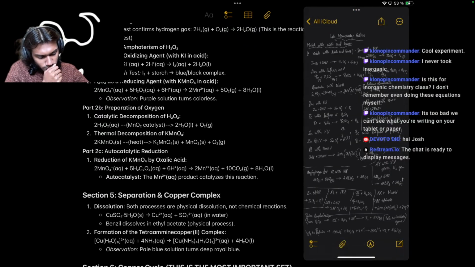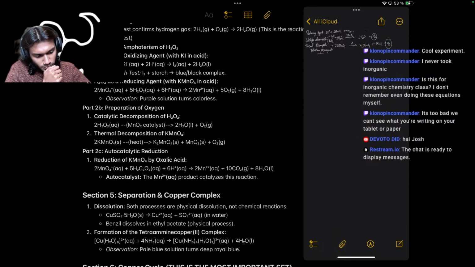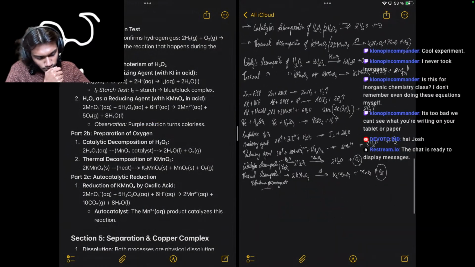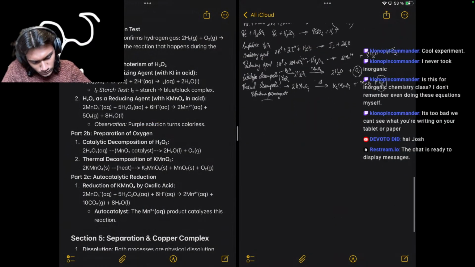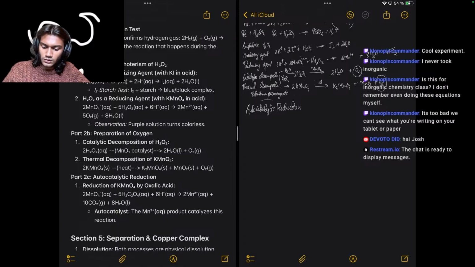Okay. That is actually pretty cool. Catalytic reduction. Cool experiment.